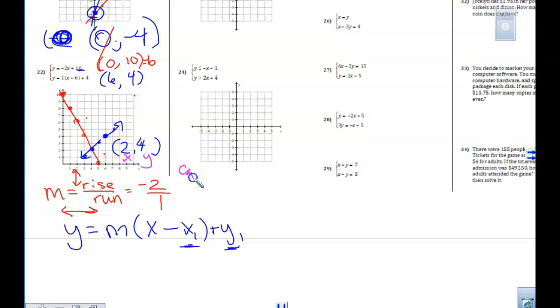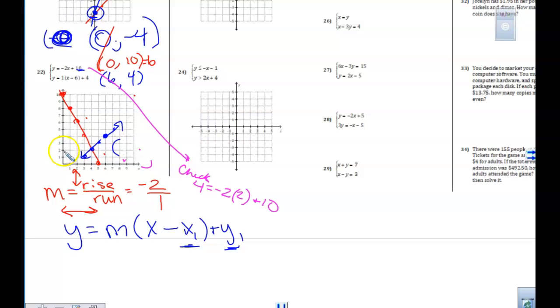Okay, so if I'm going to check in the first equation, I'm going to go 4 equals negative 2 times 2, my x, plus 10. Does 4 equal negative 4 plus 10? Right away I'm like, oh, it looks like I graphed it right. I think I did it right. And my mistake was, what, Griffin?